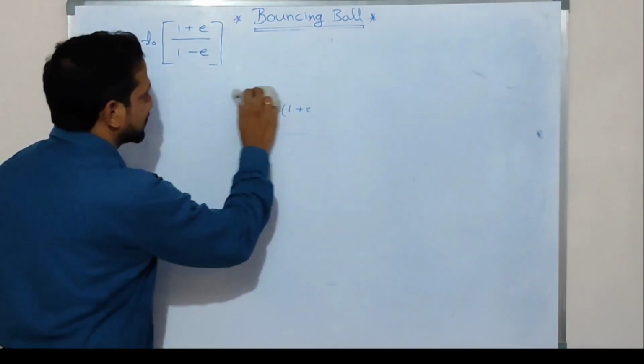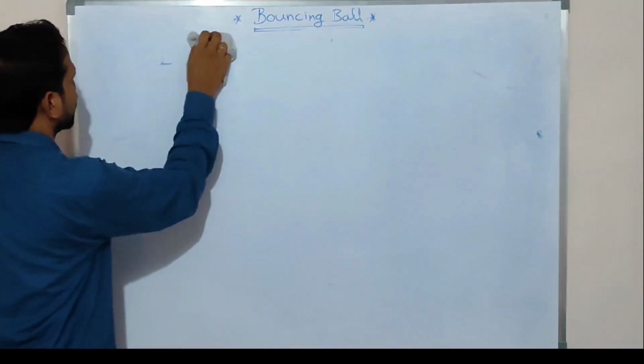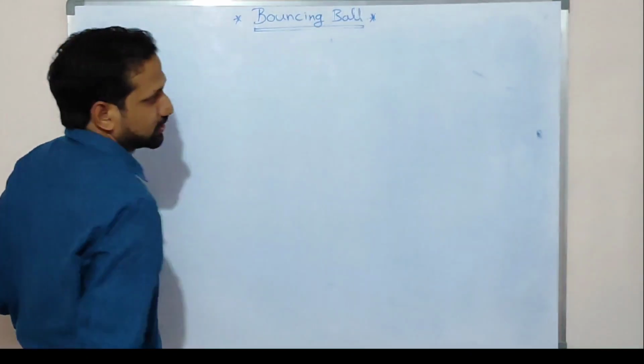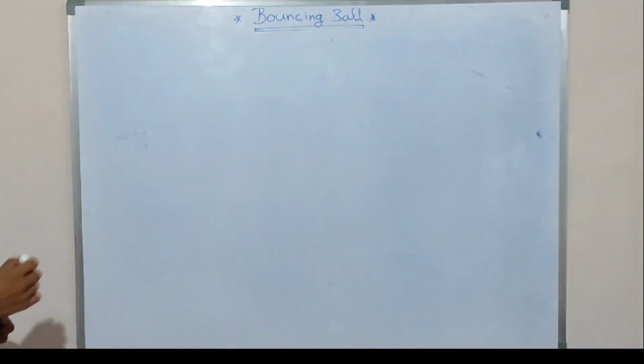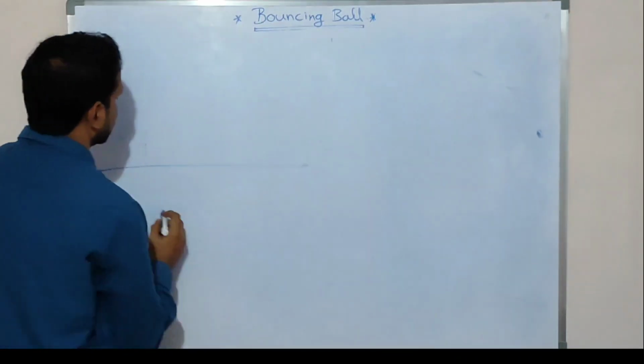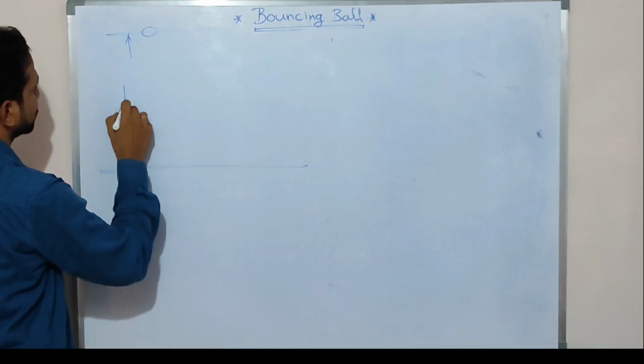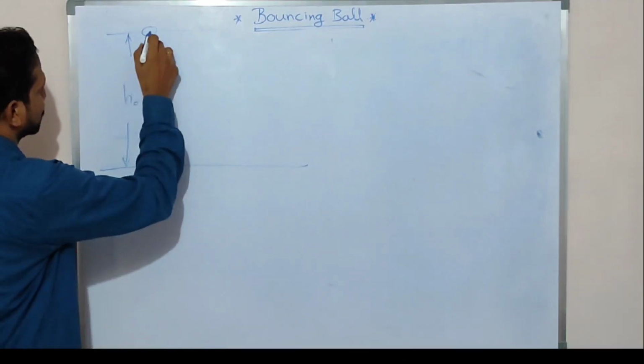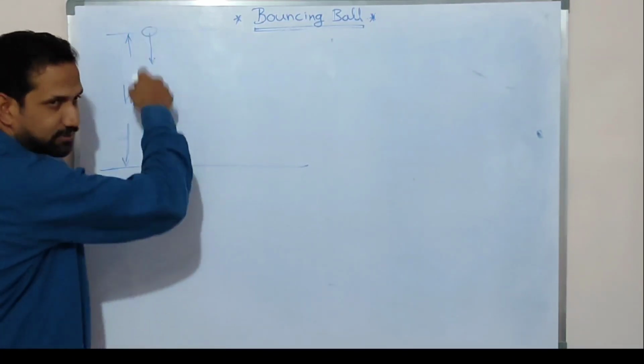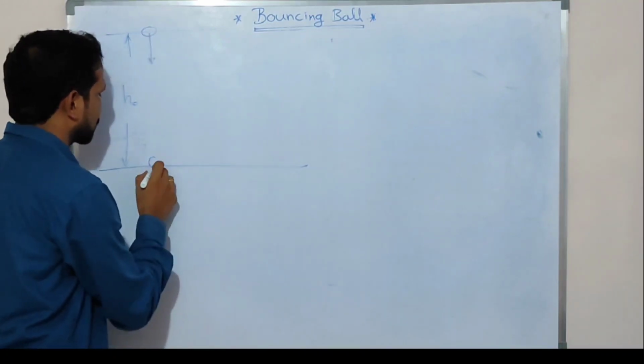The total displacement after n collisions will be equal to h naught only, because from a certain height h naught meters it is falling, and after n times bouncing, again it will come to rest on the ground.